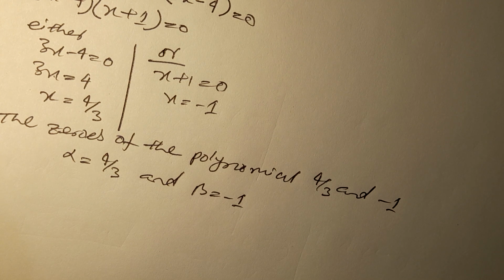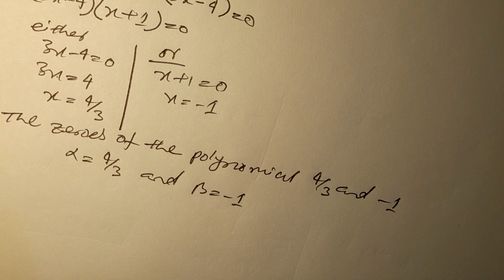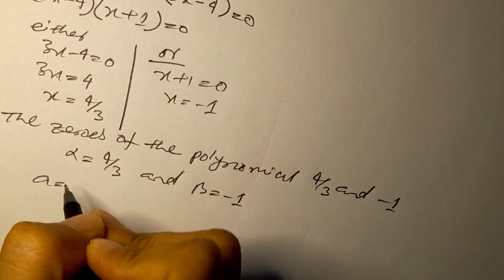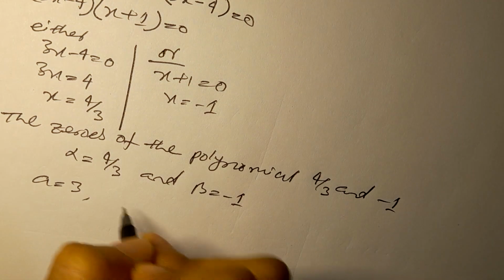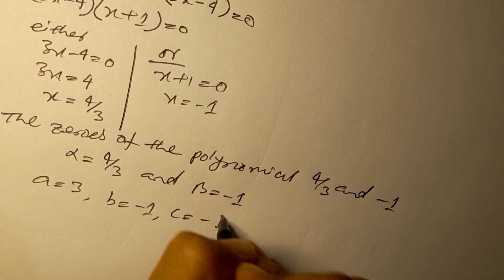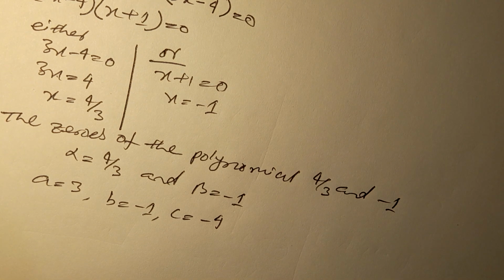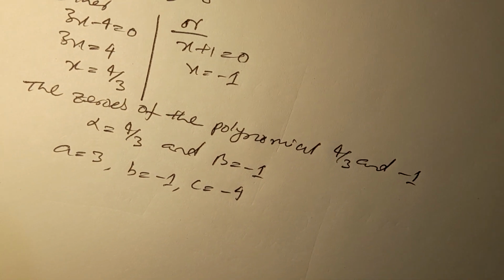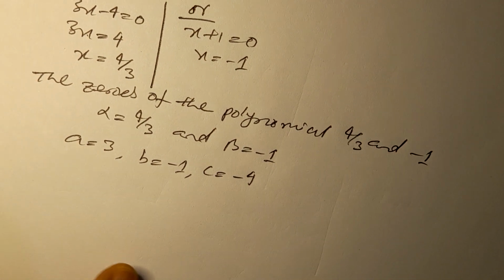Now we have to verify it. For the verification, we need the coefficients of the quadratic equation. How much did we get? We got a equal to 3, b we got minus 1 and c we got minus 4. Now I need the sum of zeros and the product of zeros. Let's start with the sum of zeros.